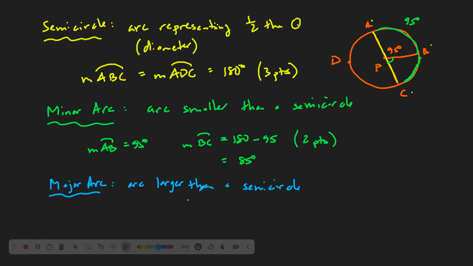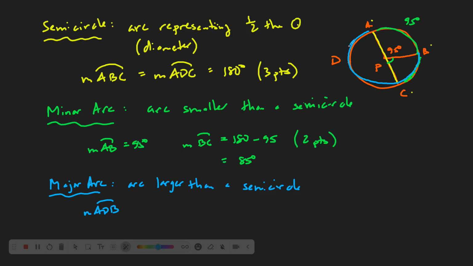So let's talk about arc ADB. I'm going to find the measure of arc ADB. If you look at arc ADB, A to D to B, notice I passed C. You don't have to name every point it goes through. So ADC is a semicircle. I'm going past it to point B.